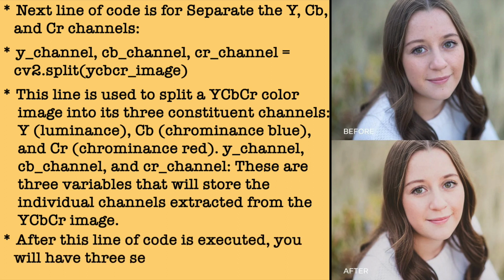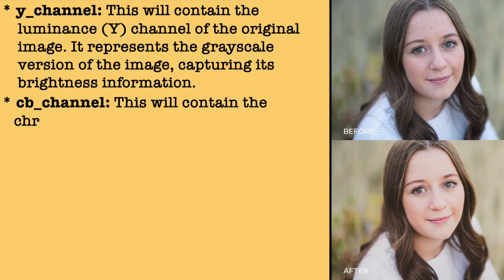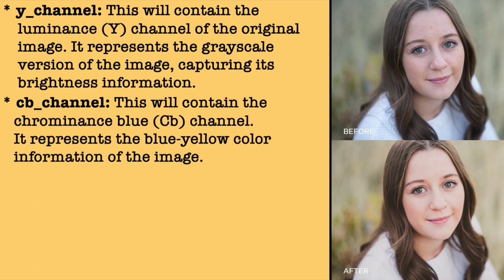After this line of code is executed, you will have three separate images or arrays. Y channel will contain the luminance channel of the original image. It represents the gray version of the image, capturing its brightness information. Cb channel will contain the chrominance blue channel.